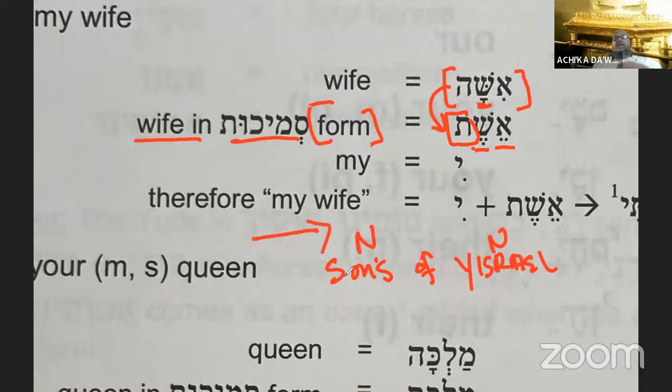In the Hebrew, when they write the sons of Israel, they don't use the word of. It's implied, and that's what the semikuf form is. It's telling you that when you've got two nouns, Israel and sons, the way that it's written is called, you guys know how you say it? If anybody knows, let me know.